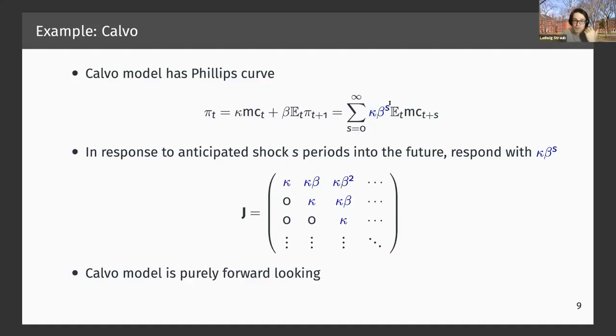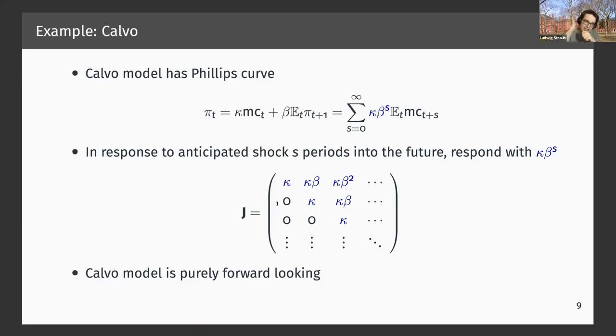And so how do I go from that to this J that I outlined? Basically these coefficients will immediately inform what the elements of this J matrix are. To see this, let's look at the first column of this J matrix. The first column, as I said, is the impulse response to a one-time shock to real marginal cost.